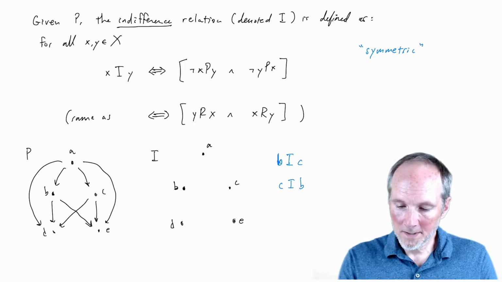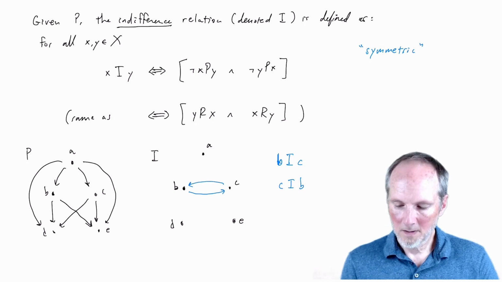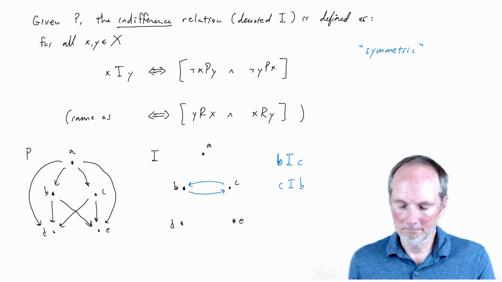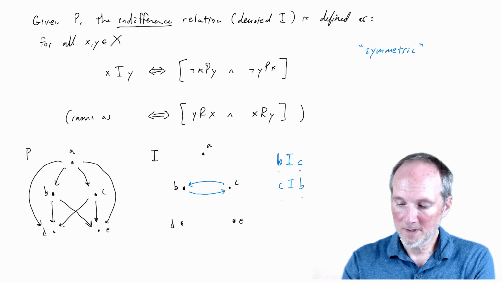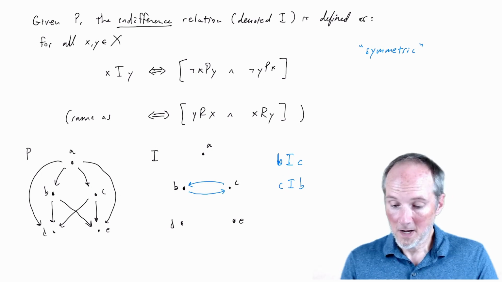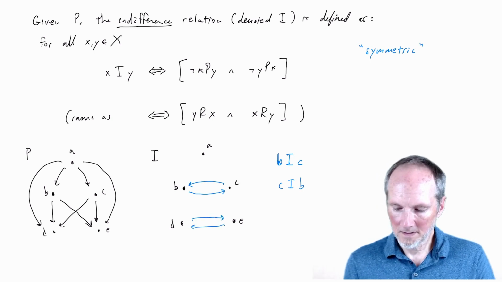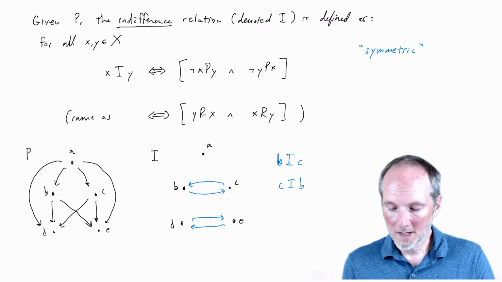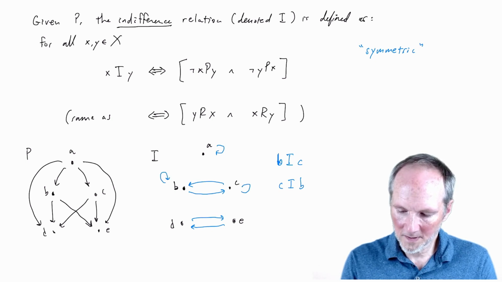So we're actually going to put in two arcs here to represent the fact that indifference holds regardless of how we order the alternatives. As well, down here, indifference holds between D and E, and that's pretty much it, except, just to be technically correct, we're going to say an alternative is indifferent to itself.